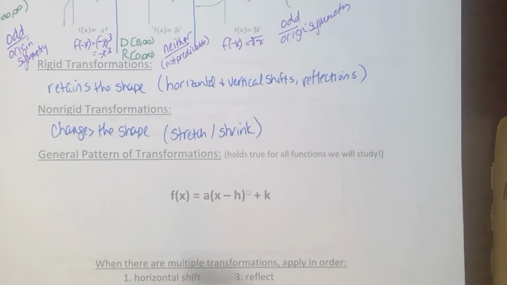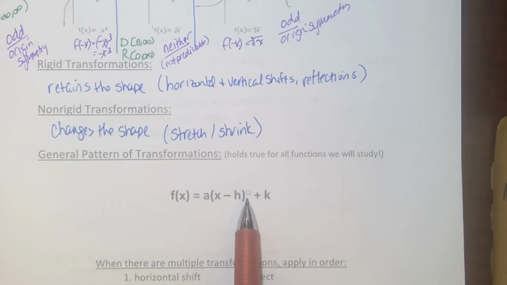Okay, this is my general pattern of transformations. Now, it works for every possible function type that we're going to be studying. This is the same pattern of transformations we use in trig and pre-cal for graphing our trig functions. f of x equals a times the quantity x minus h, where h is attached to the x as part of whatever the function is. Notice I just have a box here.